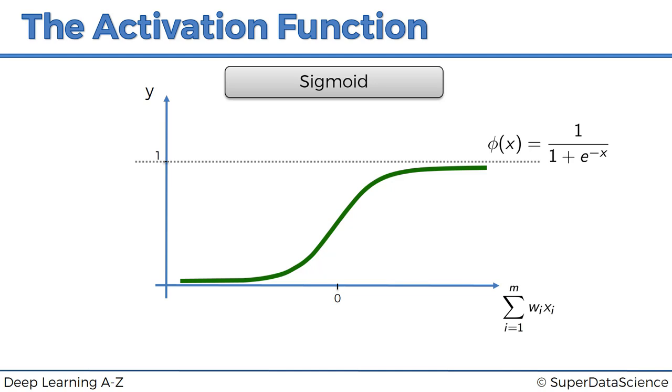What is good about this function is that it is smooth. Unlike the threshold function, this one doesn't have those kinks in its curve, and therefore it's a nice, smooth, gradual progression. Anything below 0, it just drops off. Above 0, it approximates towards 1. And this sigmoid function is very useful in the final layer, the output layer, especially when you're trying to predict probabilities. And we'll see that throughout this course.